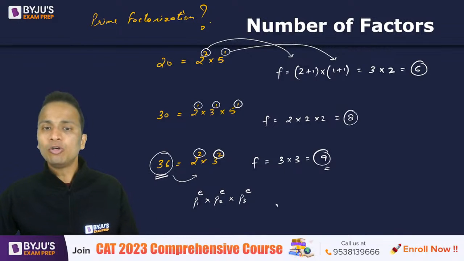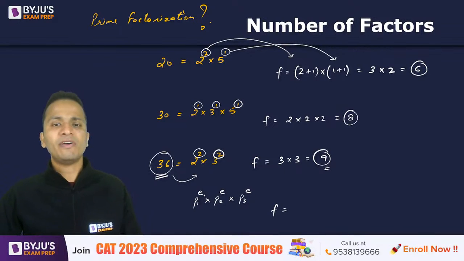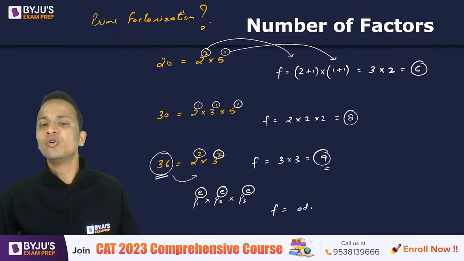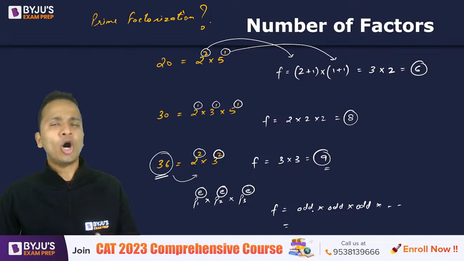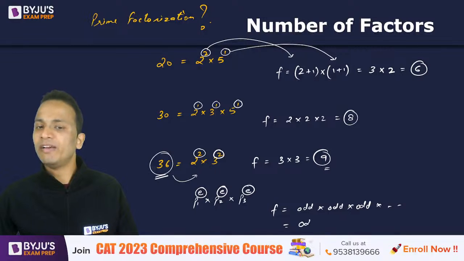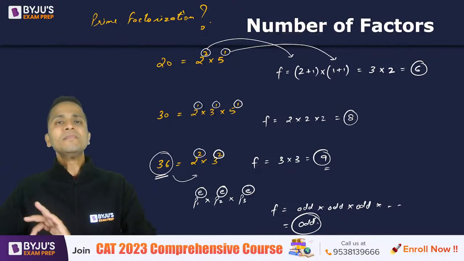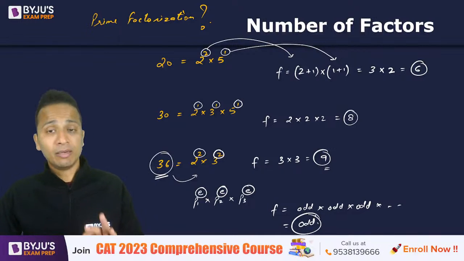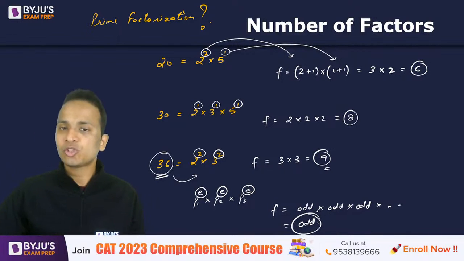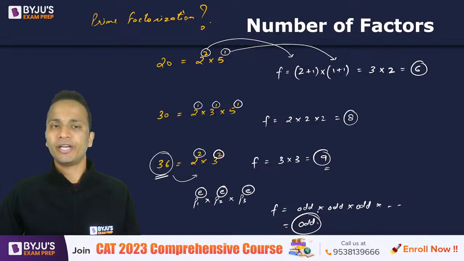Okay, now to find out the number of factors, if I add 1 to each of these even numbers, it will give you odd multiply odd multiply odd and so on. So once you multiply odd numbers, the result will definitely be an odd number, and that is why we can say that the number of factors of any perfect square will always be an odd number.